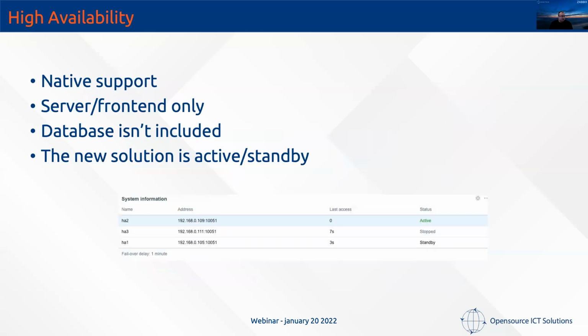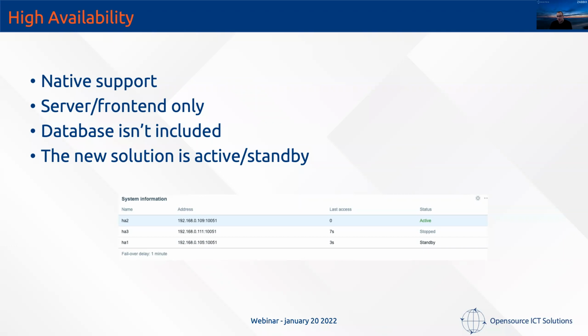So what's going on in those LTS releases, and especially in 6.0? One of the most anticipated features, at least by us, is native high availability. You install a Zabbix server, you install another one, and with just 2 or 3 lines of configuration, you have native high availability.